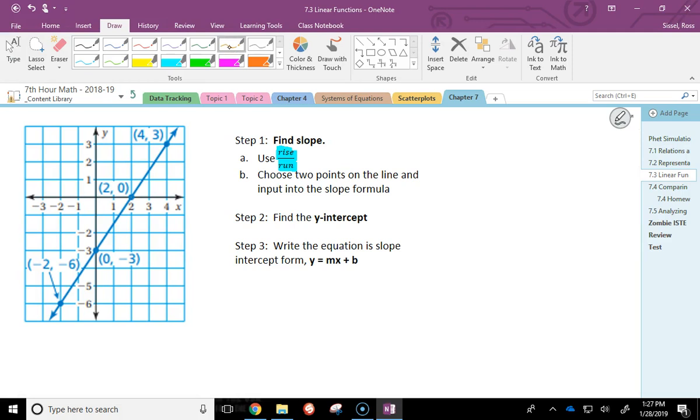Here, I'm going to use these two. I go up 1, 2, 3, so my rise is 3. In my run, I went over 2, so my run was 2. My slope is 3/2. Step 2, identify our y-intercept. What is my y-intercept on this first one?